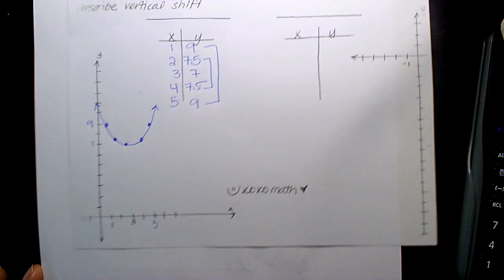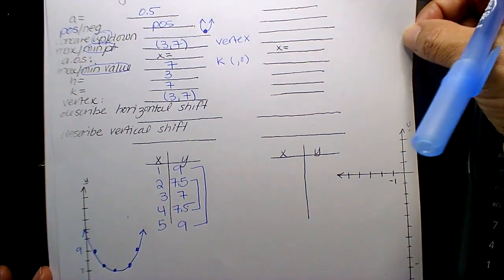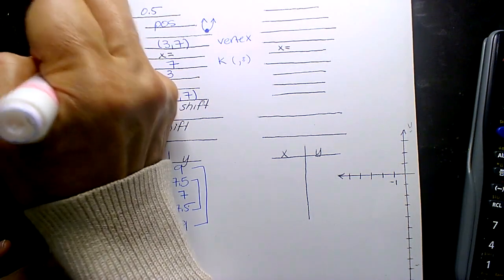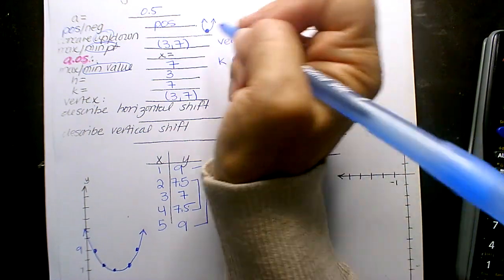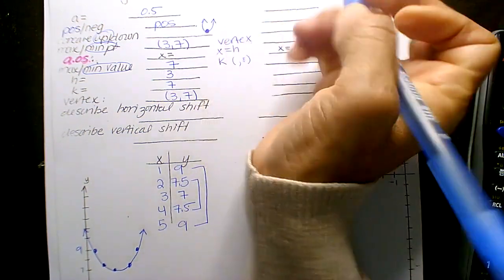Okay, so now let's talk about the ones that we skipped. Let's see if I can get everything on the screen. All right, look. Axes of symmetry. Your axes of symmetry, I'll write it here. Okay, it is a vertical dashed line. It's always the h value. So x equals h.